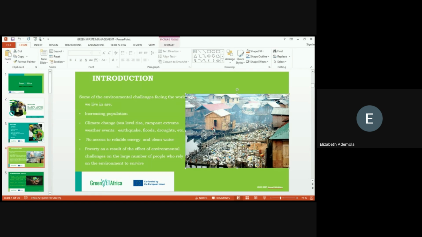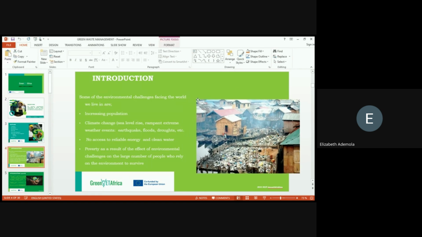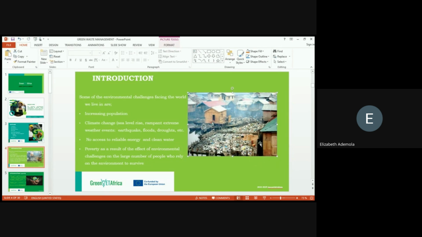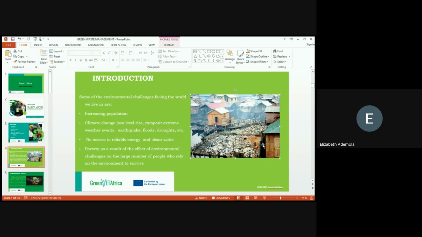We see from this slide that we have some environmental challenges facing the world we live in at the moment. This is due to factors such as increasing population.